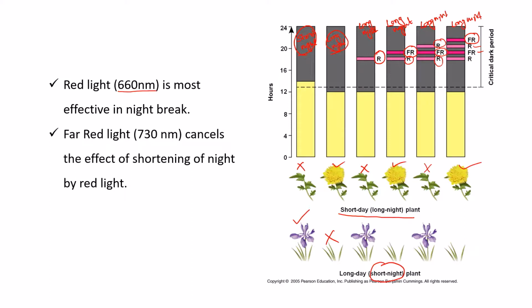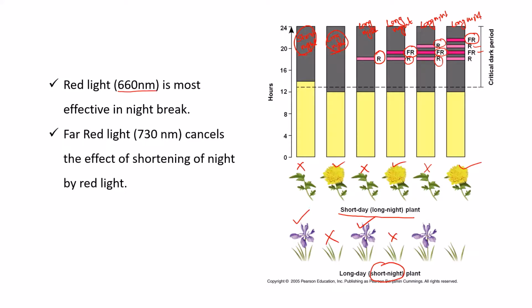That's why it is now a short night, and that's why it is flowering. Next, first red light is given in a long night, after that far red light is given. If red light is given, what will happen? Flowering will happen. If far red light is given, it will not flower. Okay, here it is not flowering.